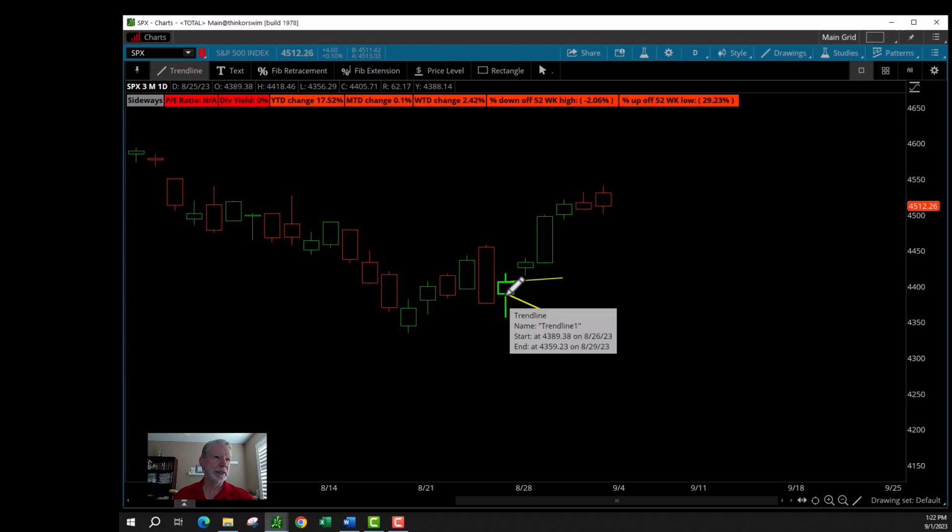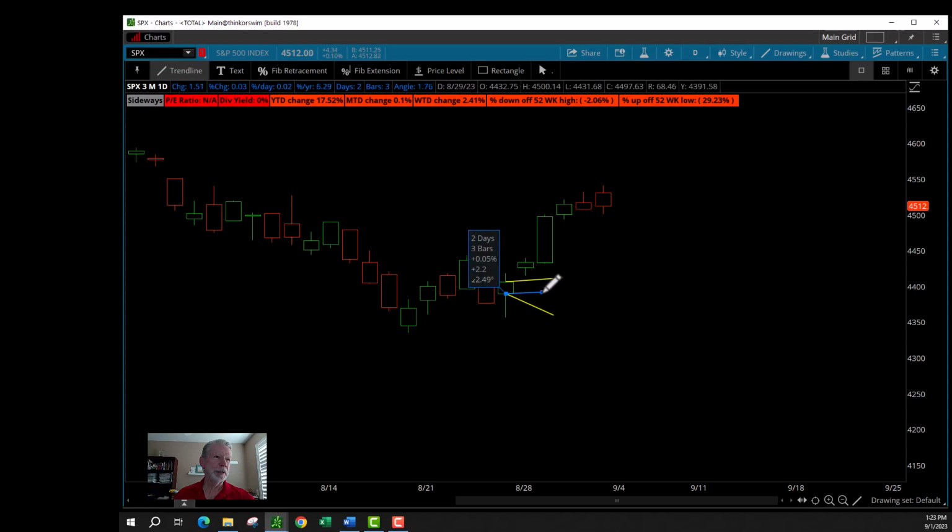Now, if it did come down, this candle would turn red. When it goes above this point here, it'll go green because it's above the open.